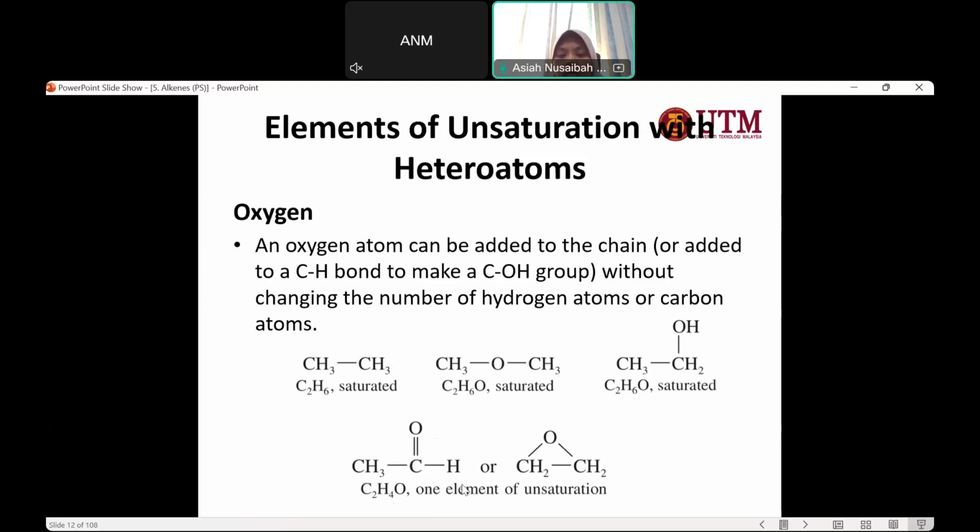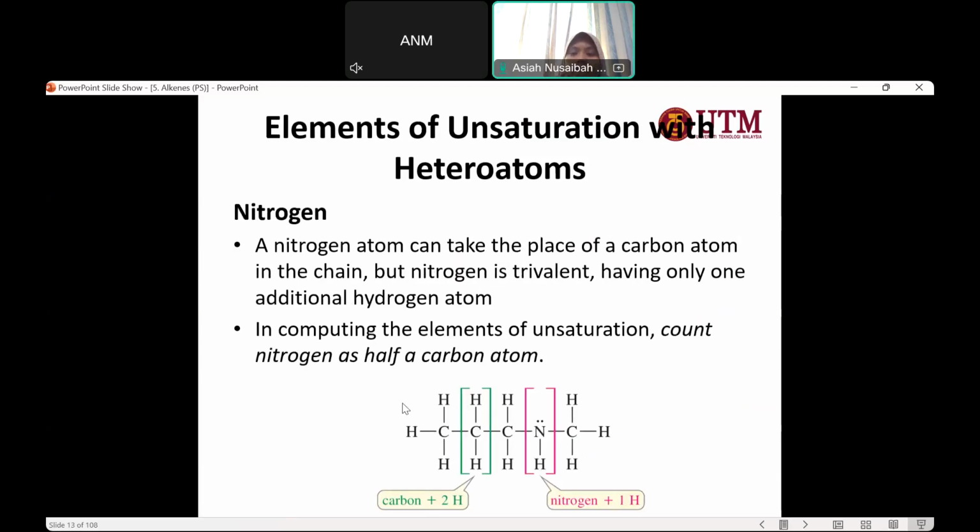But at the bottom, when there is one element of unsaturation, we lack 2 H as well. The O can be there or not be there. So the presence of O doesn't actually affect the number of elements of unsaturation. It simply will be added. Because of that, we won't change the equation for elements of unsaturation.